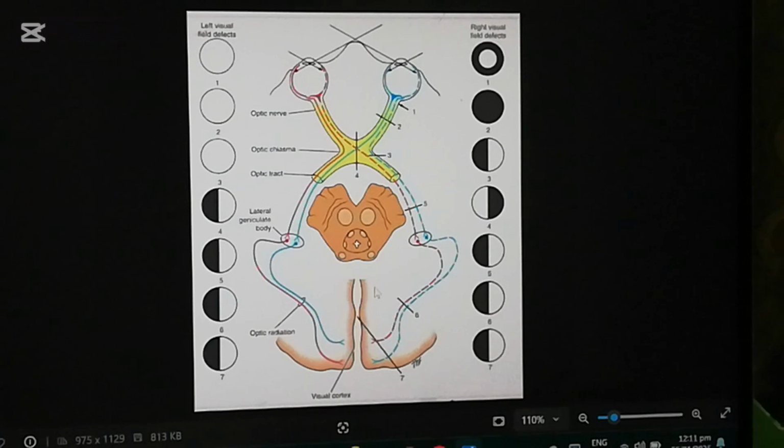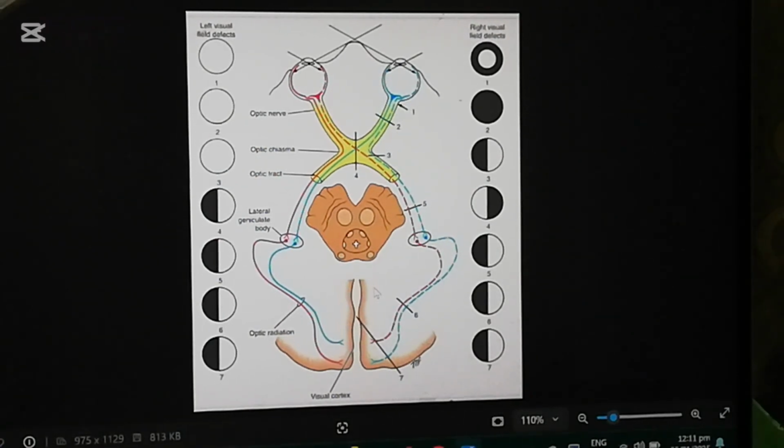Now, in this picture, we will just revise all the visual field defects. You can see this is our field of vision. This is our left eye, this is the right eye, and we have learned how the fibers have crossed.